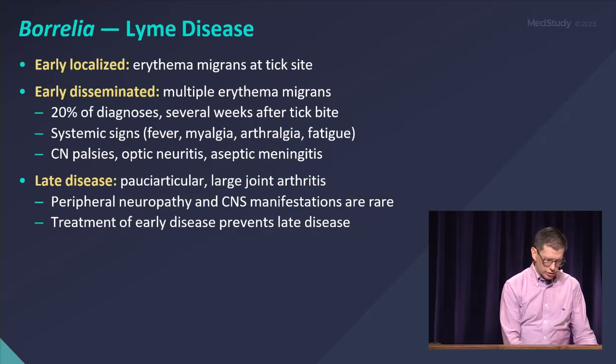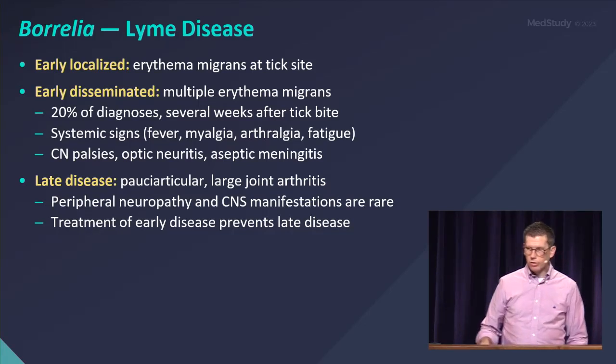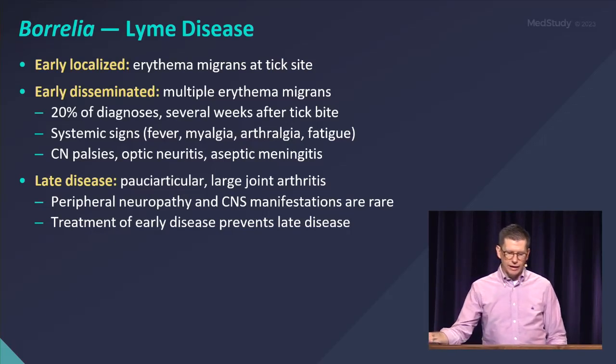Lyme disease, there are sort of 3 flavors of it: early localized, early disseminated, and late disease. Early localized is going to be your erythema migrans at your tick site, especially in areas that are endemic to Lyme. Early disseminated, you're going to have multiple EMs.